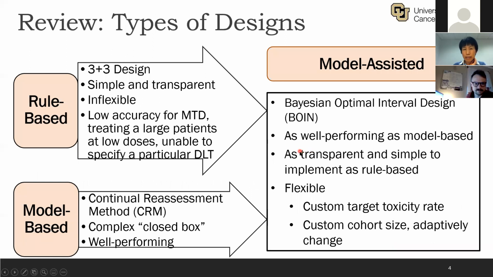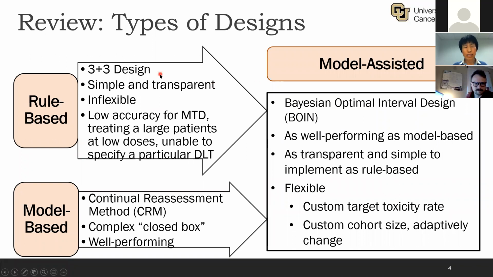So again, here is the review of the designs that my colleagues have covered. Phase 1 designs have 3 types. One is rule-based, another is model-based, and the relatively newer design is the model-assisted design, which combines the good characteristics of the rule-based and the model-based.